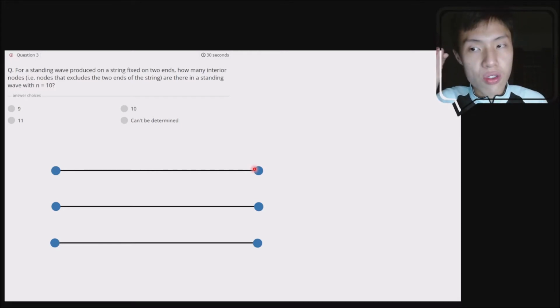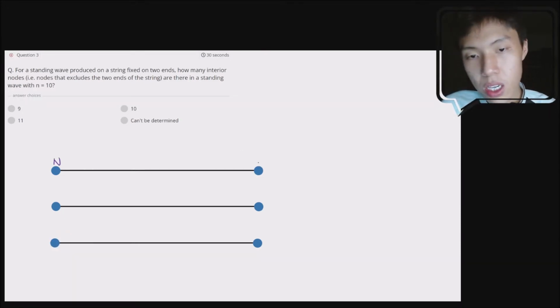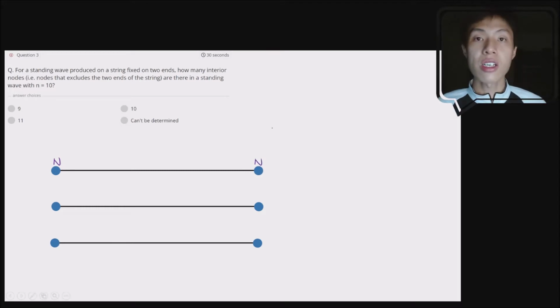If the string cannot move at both ends, then the displacement at both ends must be equal to 0 at all times, right? So what does it mean? It means that these 2 points over here are actually a node. So let's write that down. We know it must be a node. So this is fixed for a string.